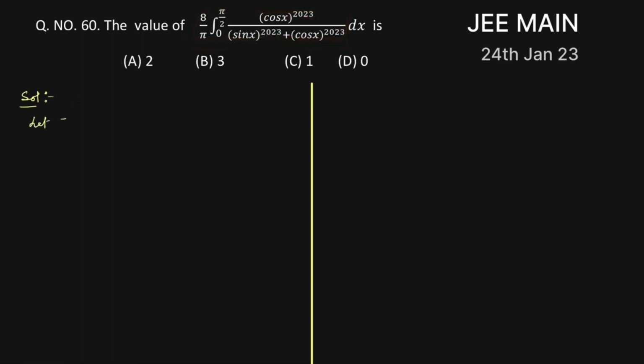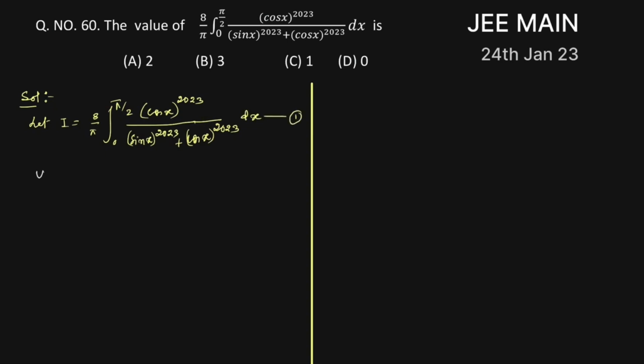So I is 8 by pi, integration from 0 to pi by 2, cos x to power 2023 divided by (sin x to power 2023 plus cos x to power 2023) whole dx, and we take this to be equation number 1.